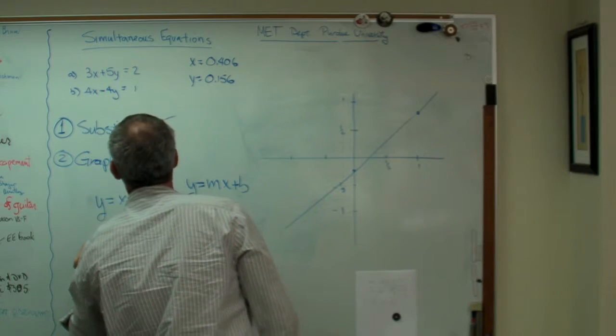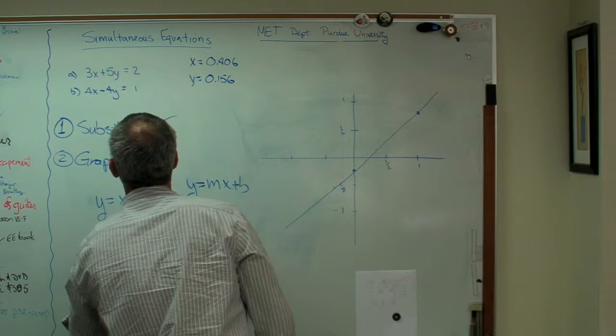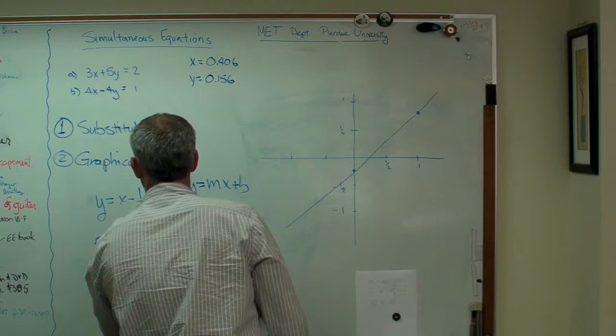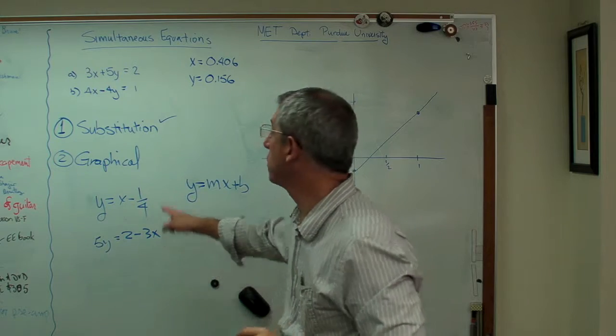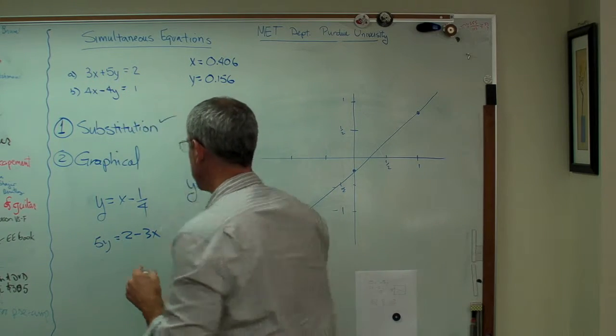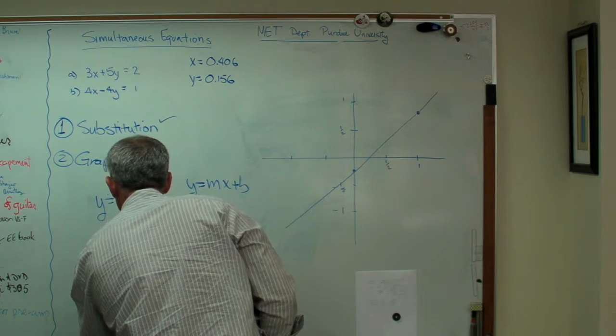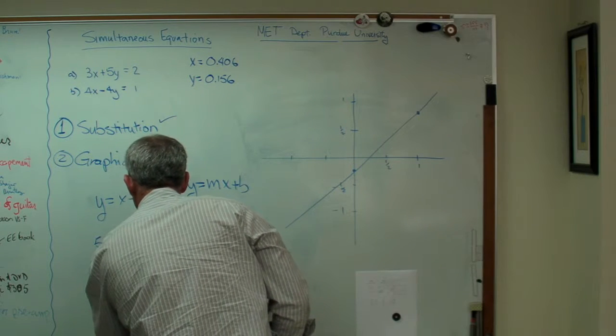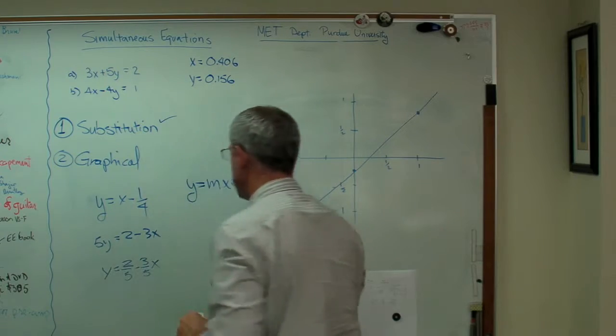If I look at that, 5y equals 2 minus 3x. Okay, so far so good. I subtracted 3x from both sides. And y equals 2 over 5 minus 3 over 5x.